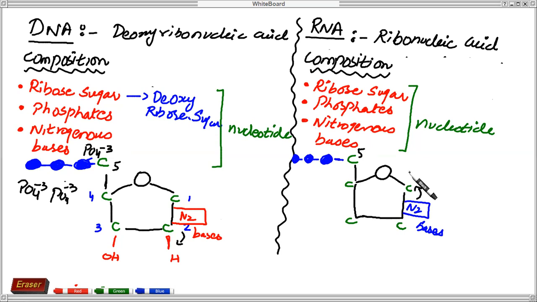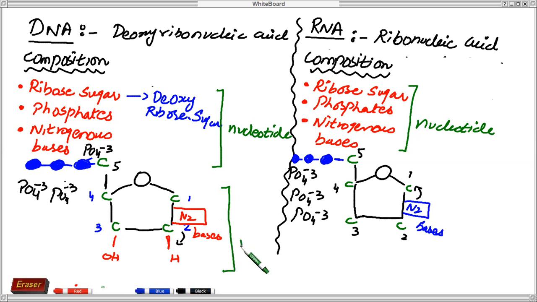Okay, this whole structure is also called the nucleotide. This is DNA nucleotide and this is RNA nucleotide.